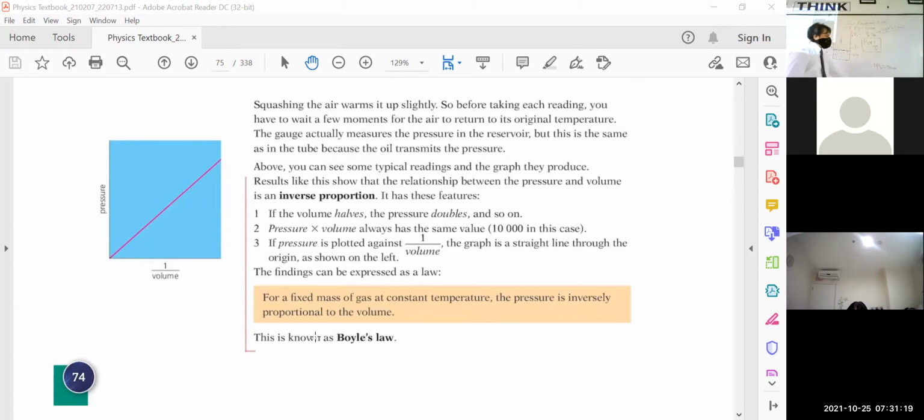Now, from Boyle's law, one more time. Suppose I double this volume, twice. If I make the volume double, what is the effect on the pressure?